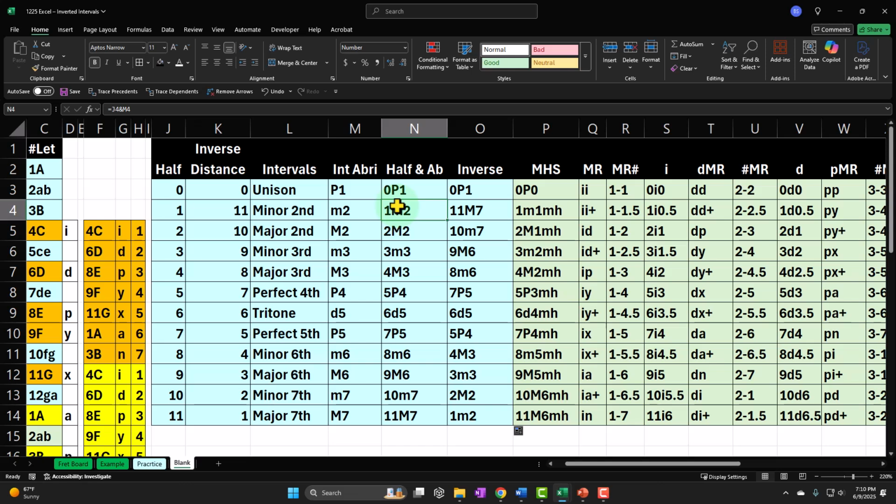So that scale degree system is making it so we have to take 9 minus the scale degree to get the inverse, which is totally arbitrary.